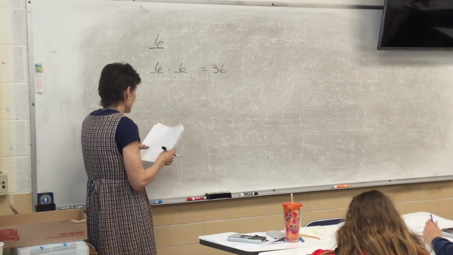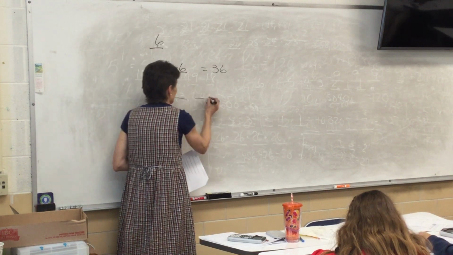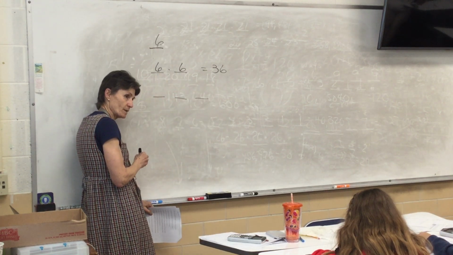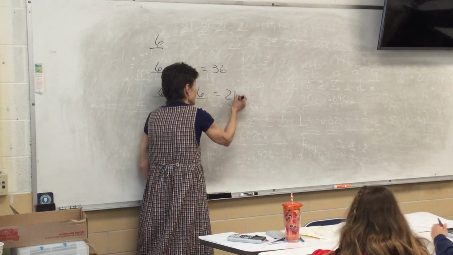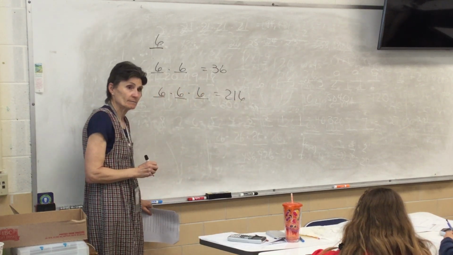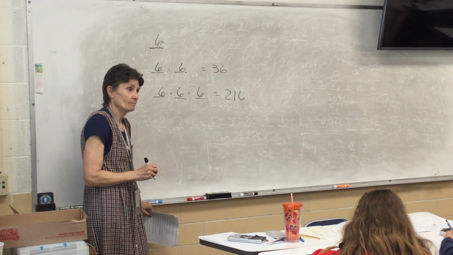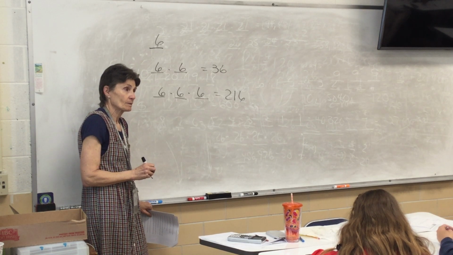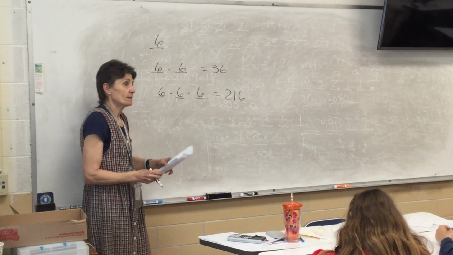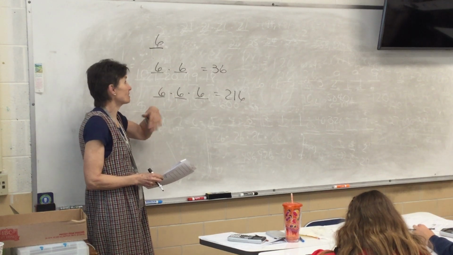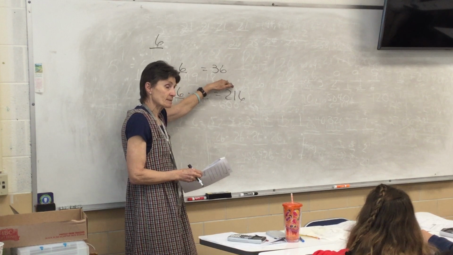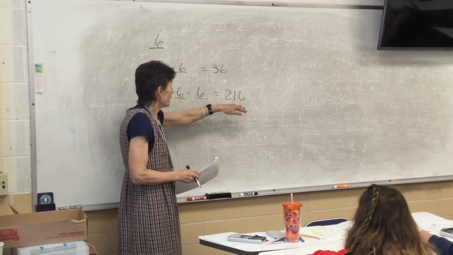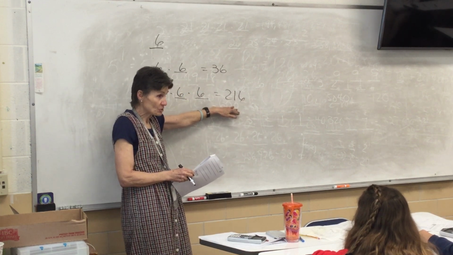Or they could be 3-digit numbers. Well, how many of those are there? 216? So you've got 6 possible one-digit numbers, 36 two-digit numbers, and 216 three-digit numbers.